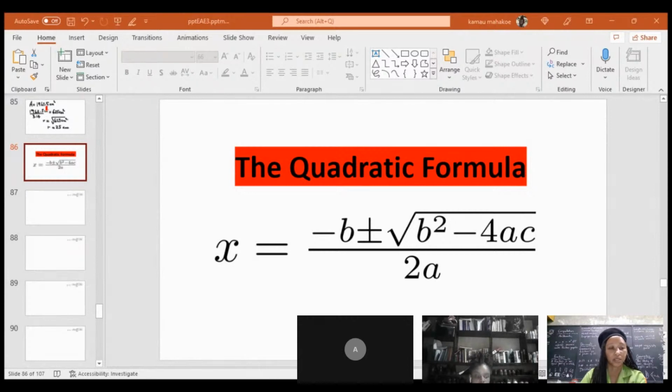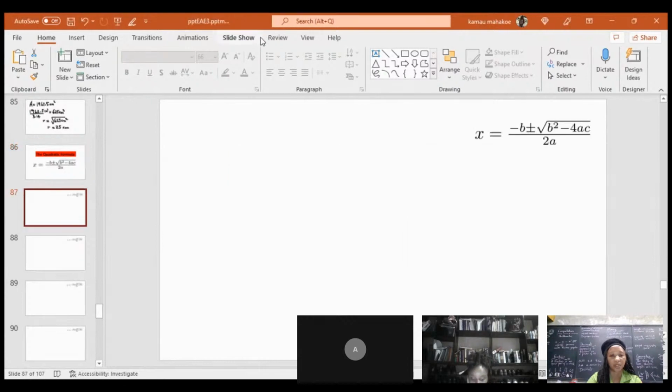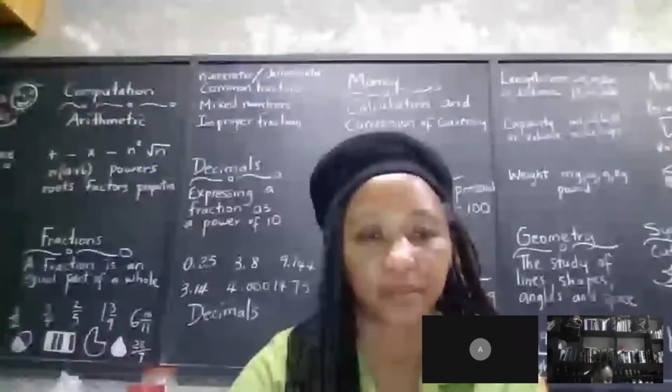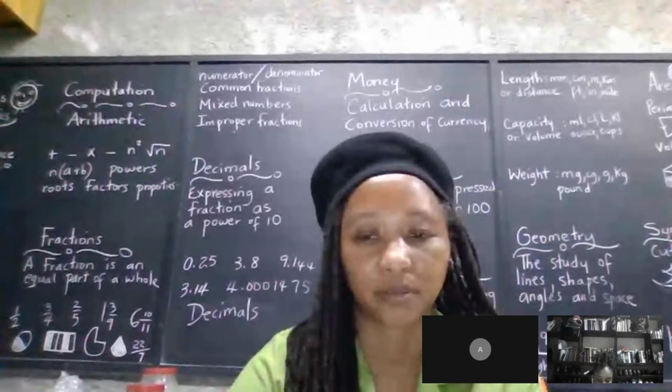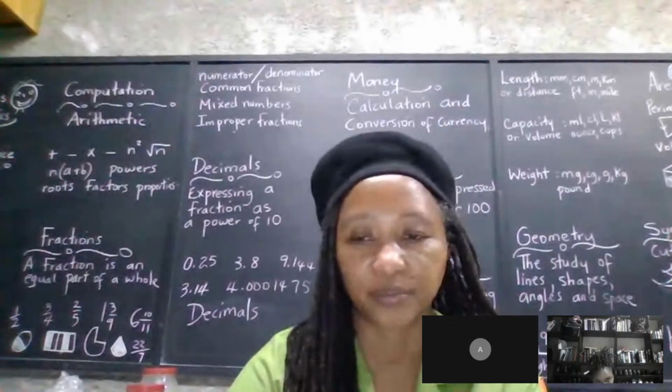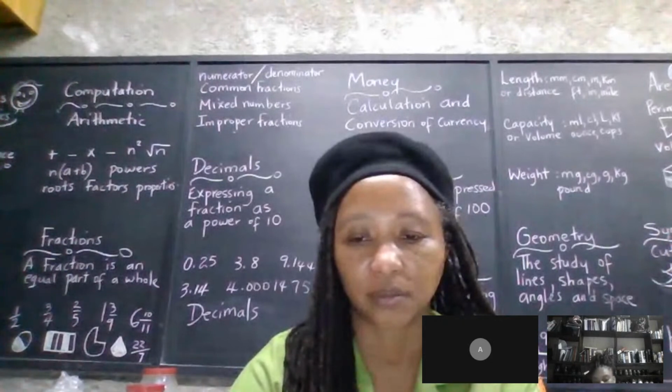Miss, the picture hasn't changed. Why does it do this? Let me start over. Hold on. Gonna stop sharing. Stop sharing. What are you seeing now? Miss, I'm just seeing you. All right.